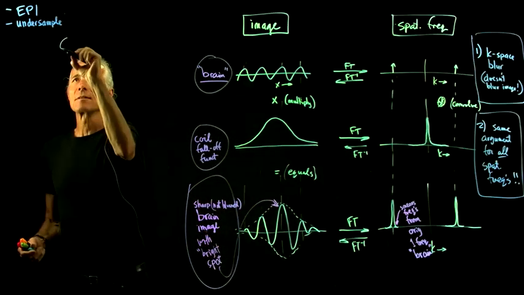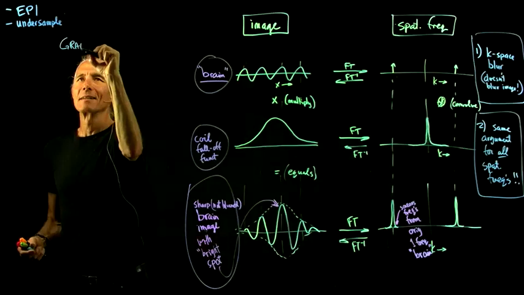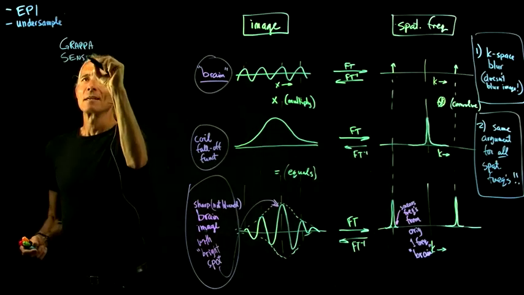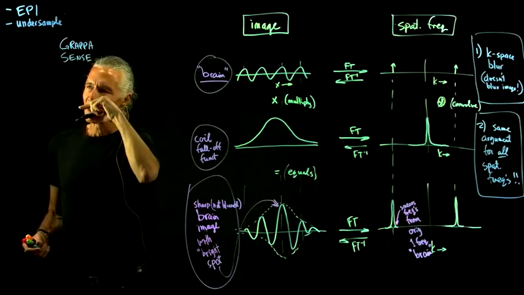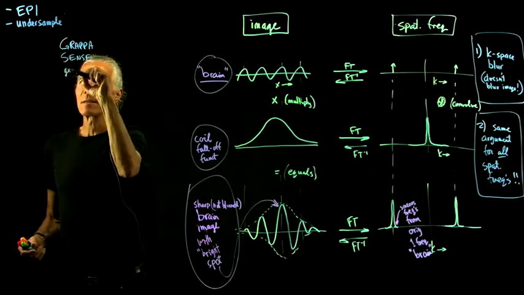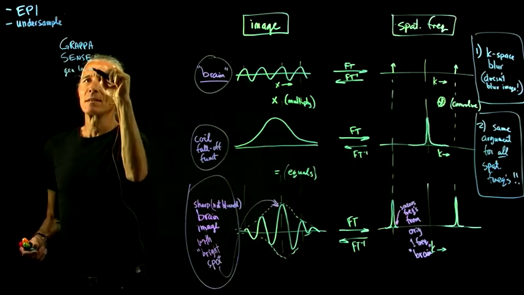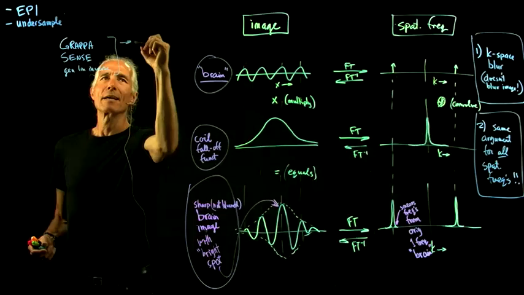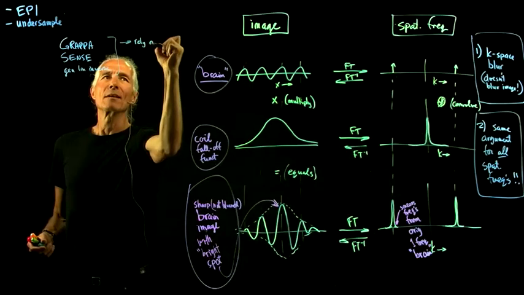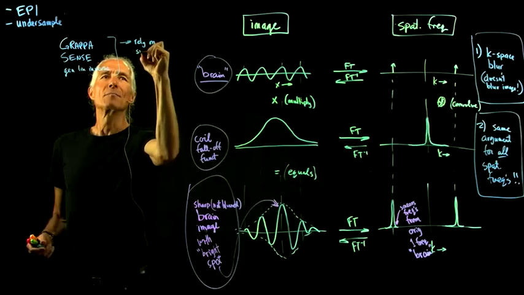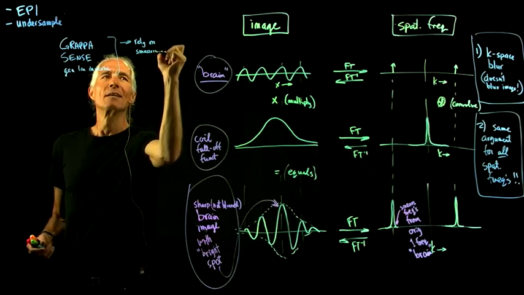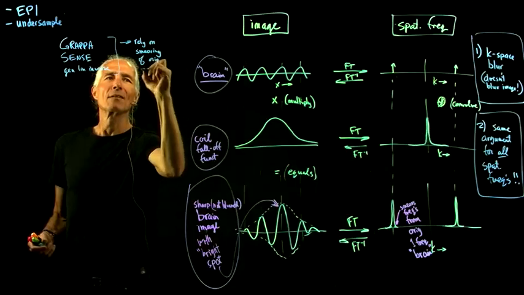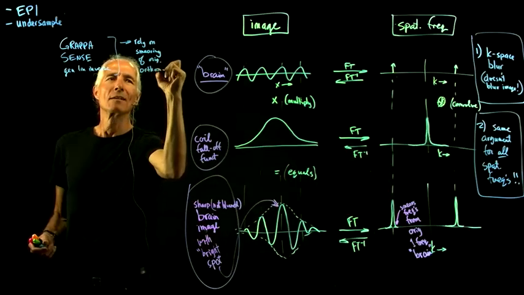There's one called GRAPPA, and that's the one I'm going to talk about. But there's another one called SENSE, and in one of the Friday lectures I talked about general linear inverse. All of these things rely on smearing of originally orthogonal frequencies.